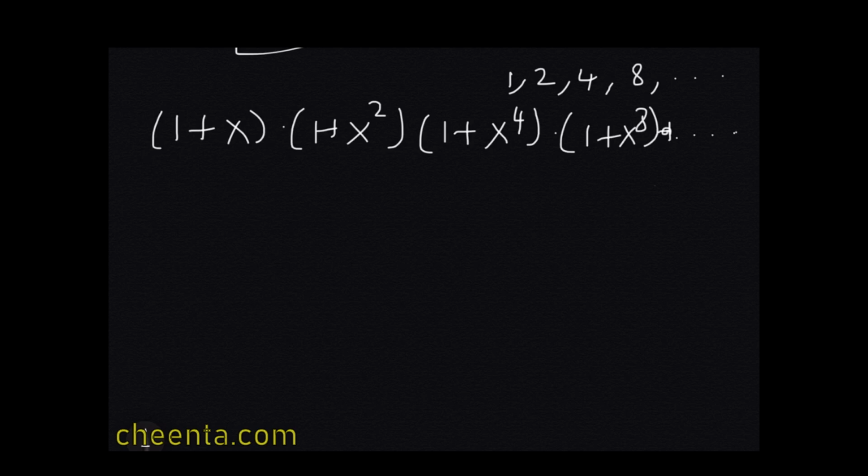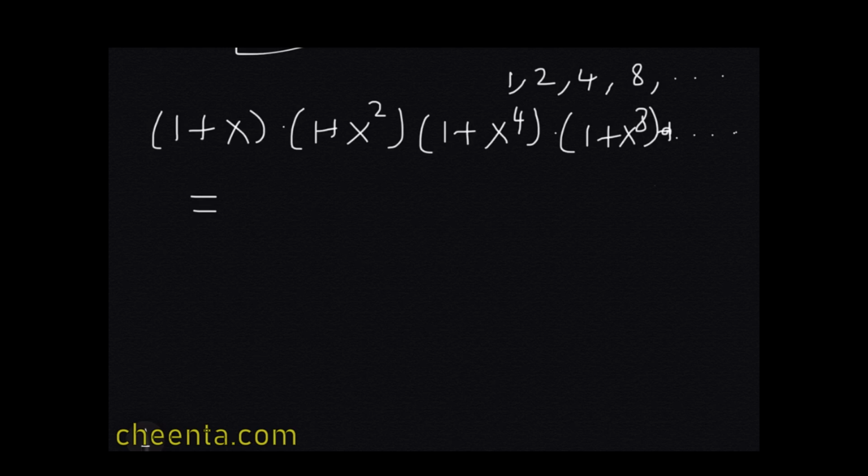Now what is this product equal to? If you multiply and divide by 1 minus x, then 1 plus x times 1 minus x gives you 1 minus x square, and that with 1 plus x square gives you 1 minus x power 4, then again that with 1 plus x power 4 gives you 1 minus x power 8, and so on.